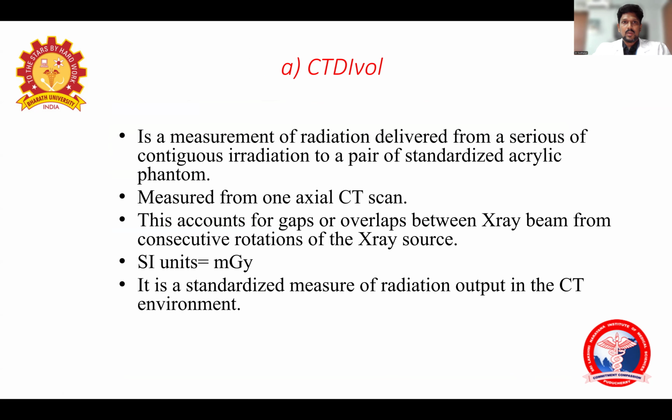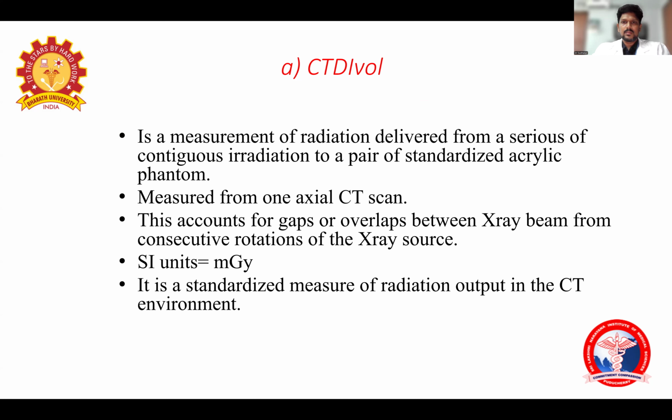CTDI volume is nothing but a measurement of radiation delivered from a series of contiguous irradiations to a pair of standardized acrylic phantoms. It is measured from one axial CT scan. This accounts for gaps or overlaps between X-ray beams from consecutive rotations of the X-ray source. The SI unit of CTDI volume is milligray.